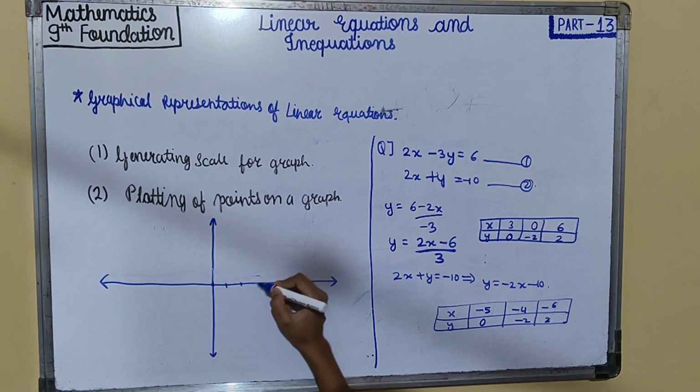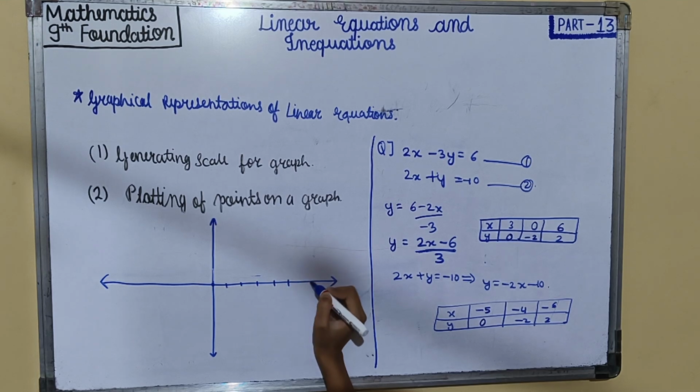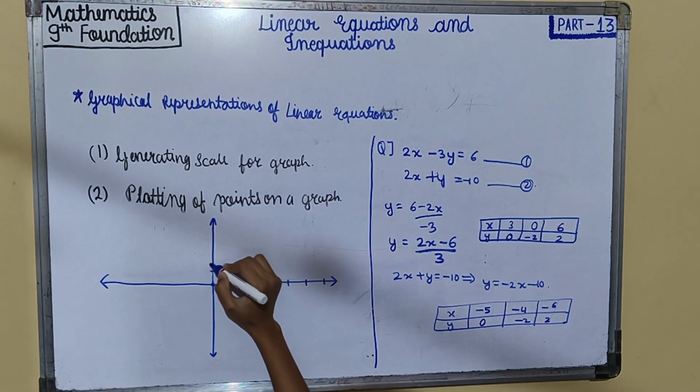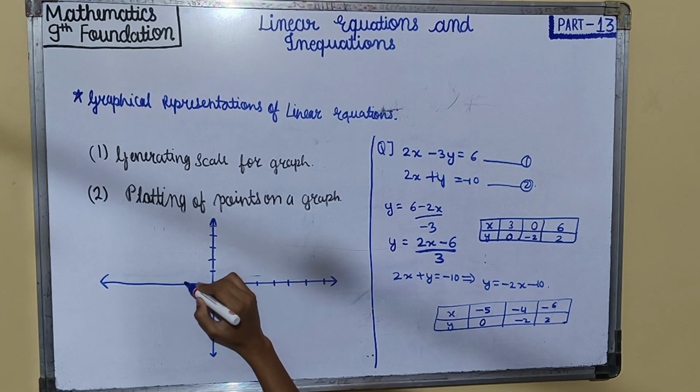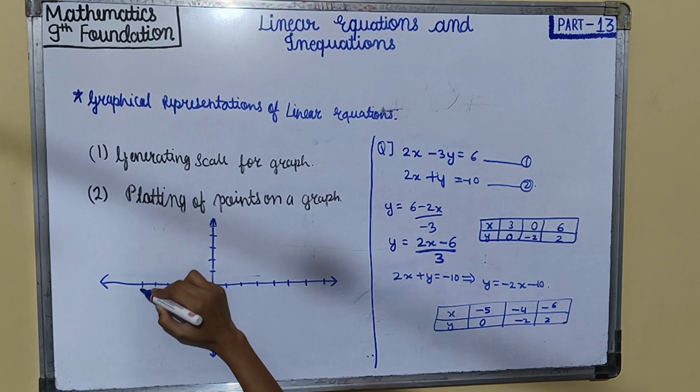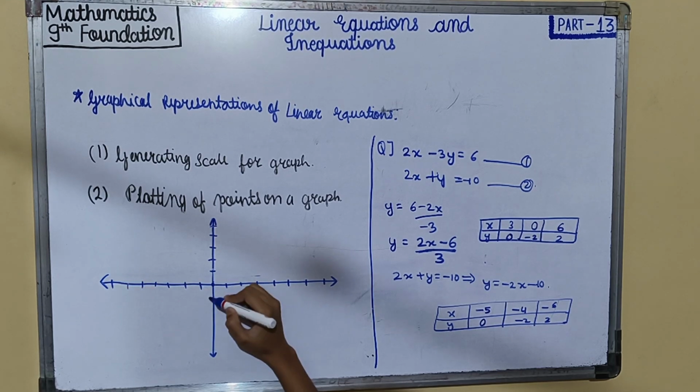Origin, 1, 2, 3, 4, 5, 6, 7 and 1, 2, 3, 4, 5.